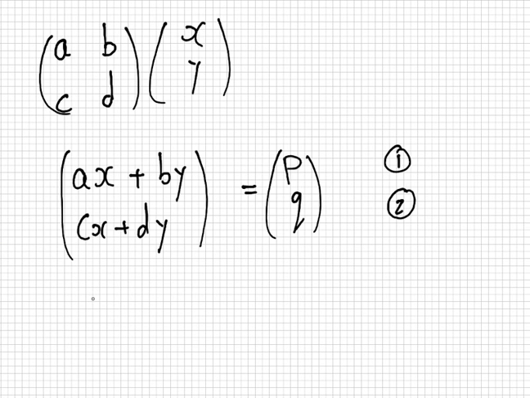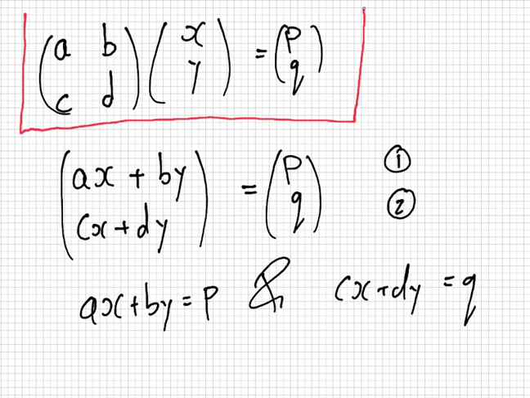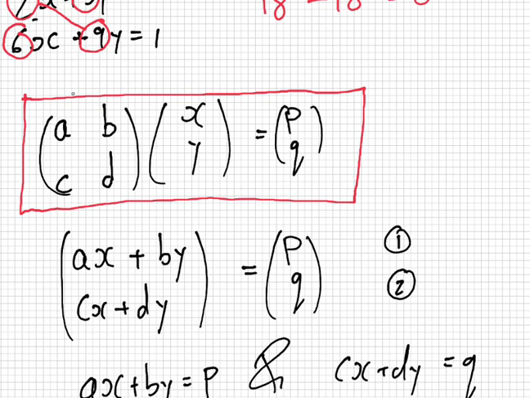I'm saying AX plus BY equals P and CX plus DY equals Q. So the point I'm trying to make is my two equations I showed you a moment ago, I can write those two equations as this one equation here using matrices. Just to give you some letters, we usually call this matrix with the numbers A, B, C, D in it A. We usually call this matrix with the X and the Y in it big X. And then this one here we usually call B.